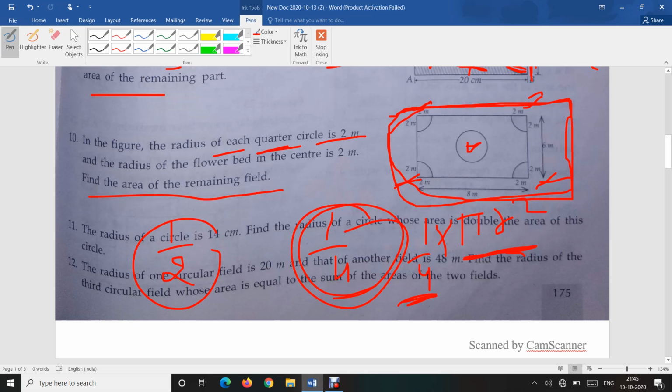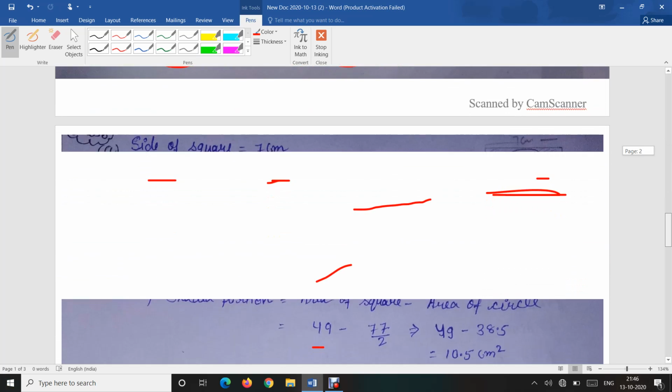Obviously the larger area is the rectangle which is containing these four quarters and this circle. So if you subtract this portion from the area of the rectangle, you can find out the area of the remaining region. See the solution for this question also.